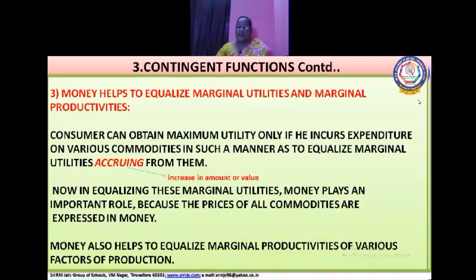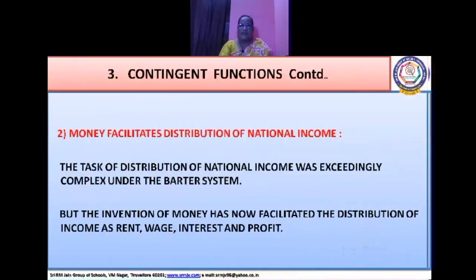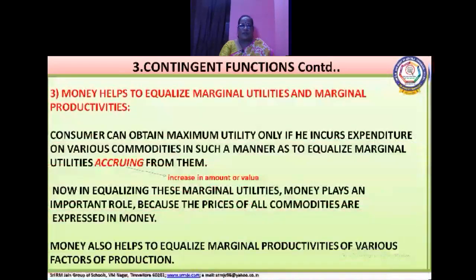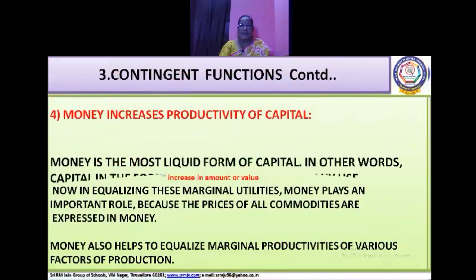Land, labor, capital, and organization are factors of production. Sub-factors of production we have already seen in the second contingent function: wage, rent, interest, and profit. Factors of production: land, labor, capital, and organization.